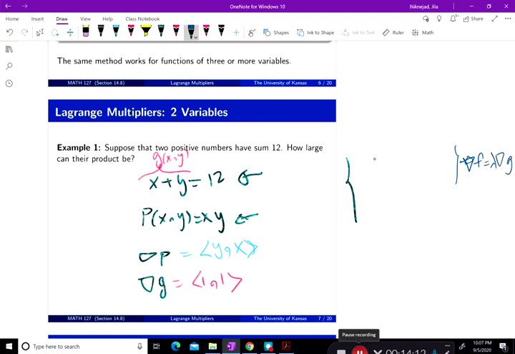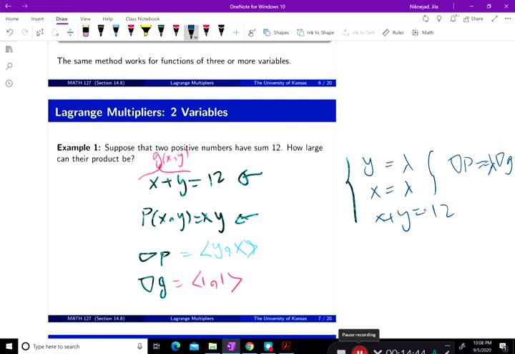It says gradient of p equal to lambda gradient of g. So y equal to lambda, and then x equal to lambda are these 2. And then the last one has to be x plus y equal to 12.